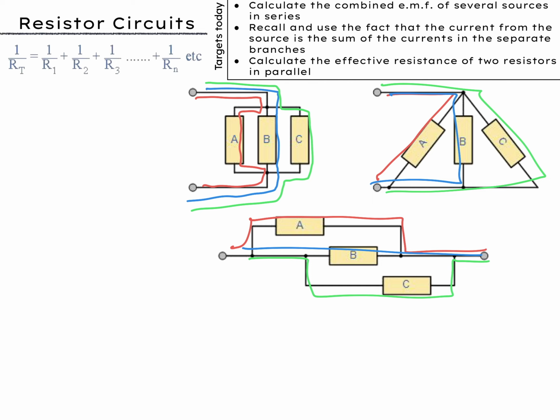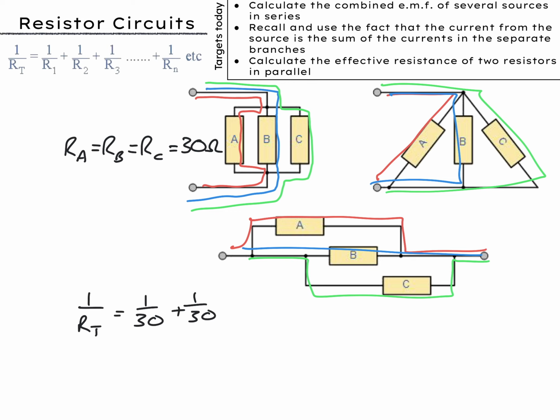Let's say A, B, and C are all 30 ohms. What's the overall resistance? 1 over RT equals 1 over 30 plus 1 over 30 plus 1 over 30, that's 3 over 30. So RT equals 30 over 3, which is 10 ohms.